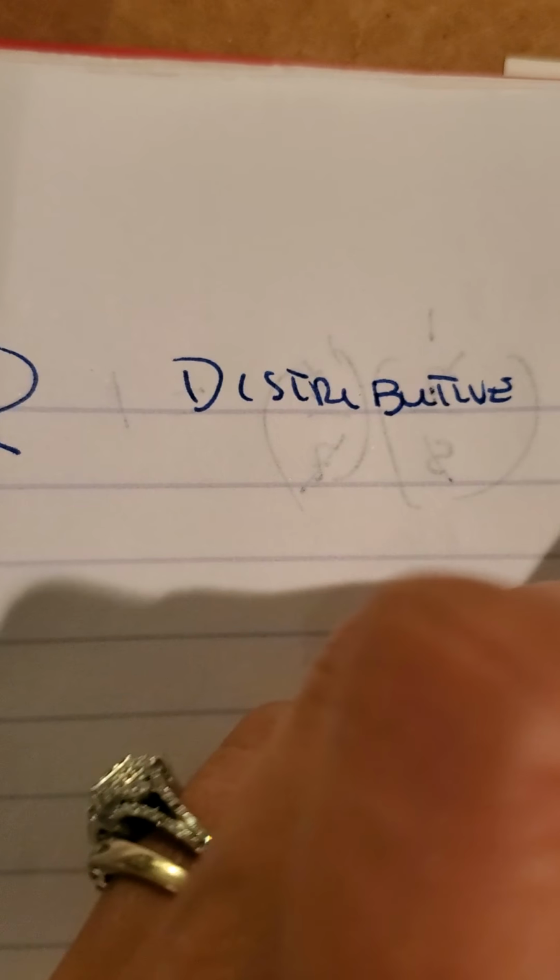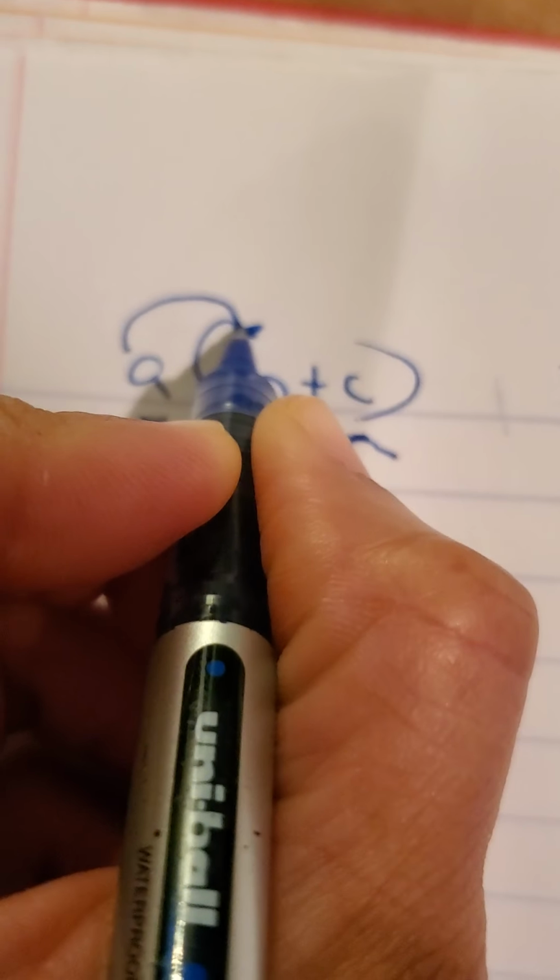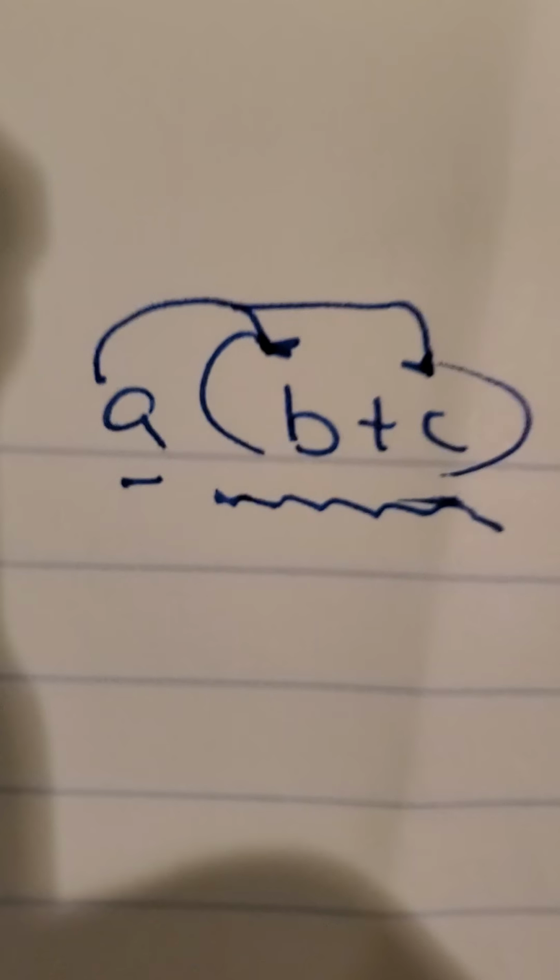So the distributive property stays a little true to the word distribution. So what happens is that we distribute the factor to every term inside the parentheses.